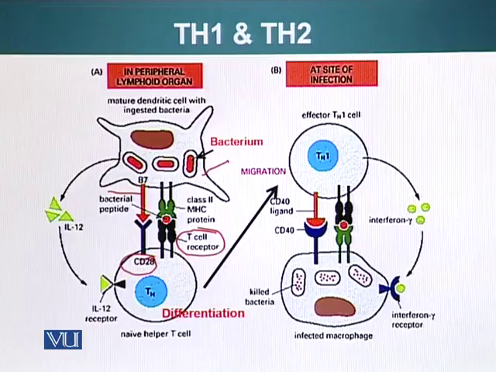Helper T cell type 1 will migrate to the site of infection. Helper T cells, when they are activated by the dendritic cells, also become mature. When they become mature effector cells, they start displaying a special protein on their surface, which is called CD40 ligand right here. This CD40 ligand will interact with CD40, which is present on the surface of macrophages.